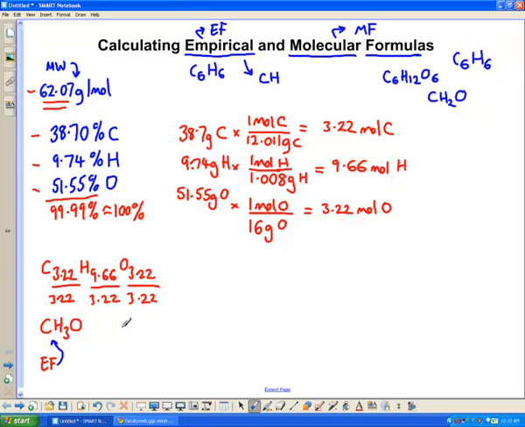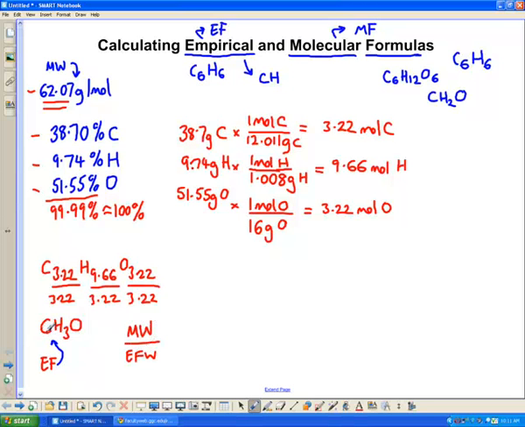So we need to see essentially how much bigger is the molecular weight than the empirical formula. And so we're going to calculate something called the empirical formula weight. So we're going to take the molecular weight, put it on top, divide it by the empirical formula weight that we're going to put on the bottom.